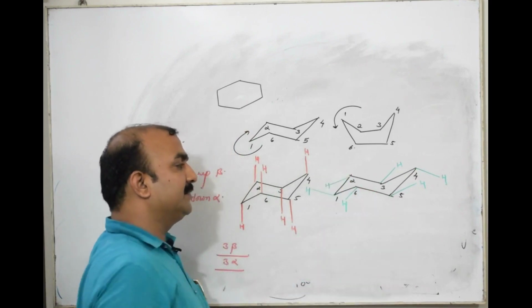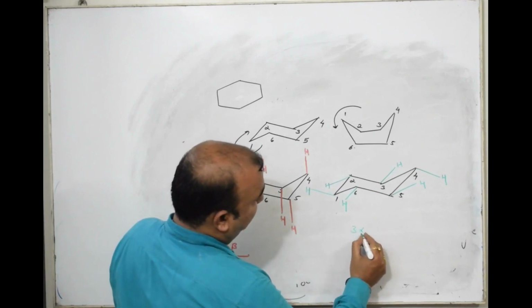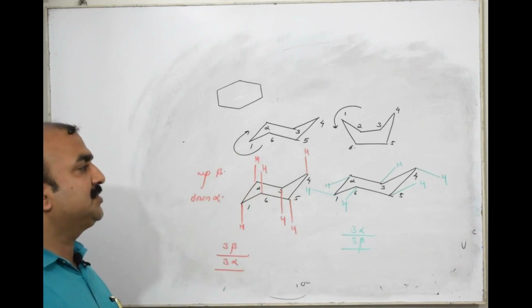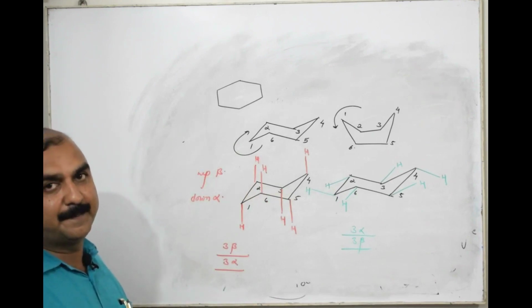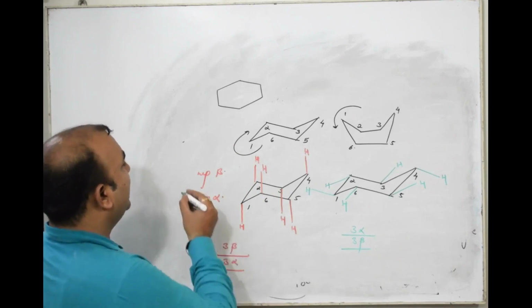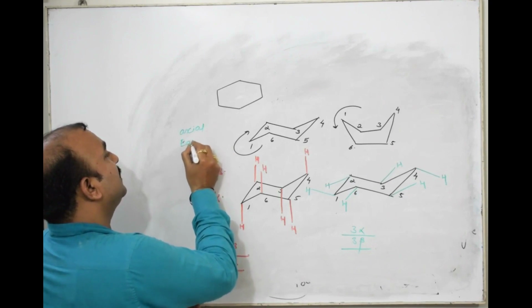Sixth will be equatorial down. 3 alpha and 3 beta. This is the structure of the chair conformation. Now, in the chair, we have axial and we have equatorial.